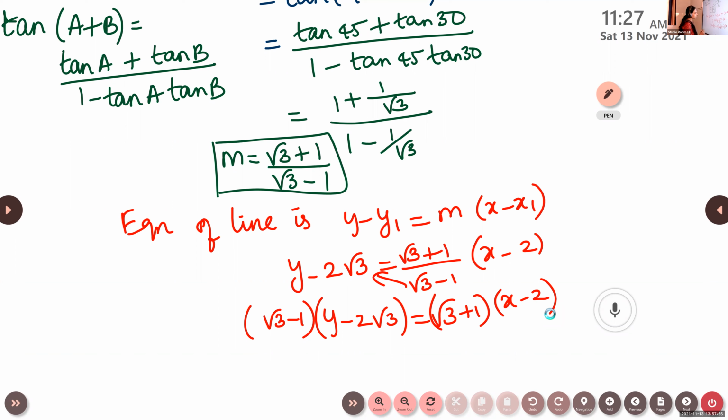What is the final answer? Samia, completed calculation. And final equation, can you give in standard form? Not yet finished. Okay, try that.